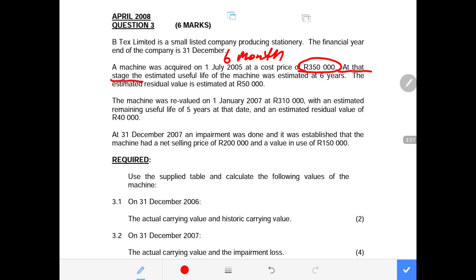At that stage, there was an estimated useful life for this machine. So useful life is the estimated lifespan for this asset in the business, and the estimated residual value is 50,000 rands.